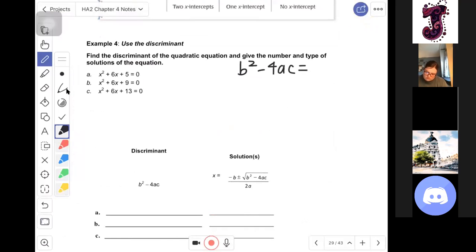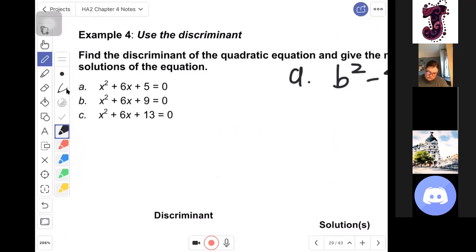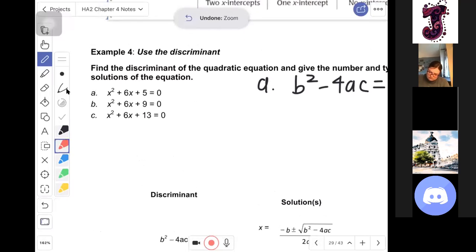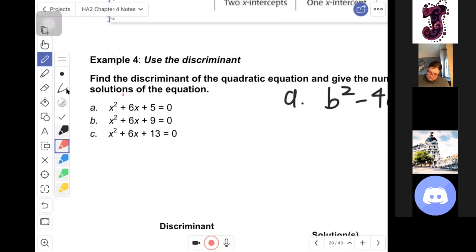For example A, what is our B and what is our C? Ella, what is our B in example A? The B is 6. And what about C? The C is 5. Awesome.